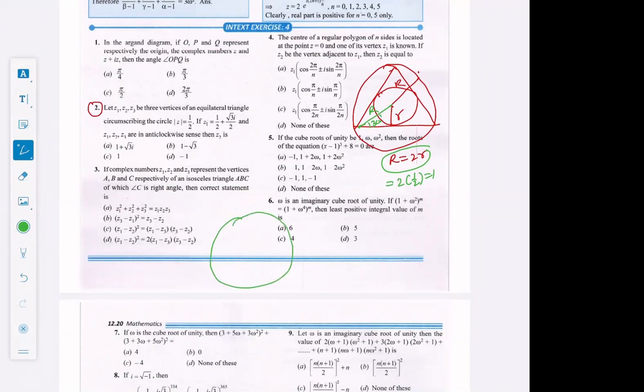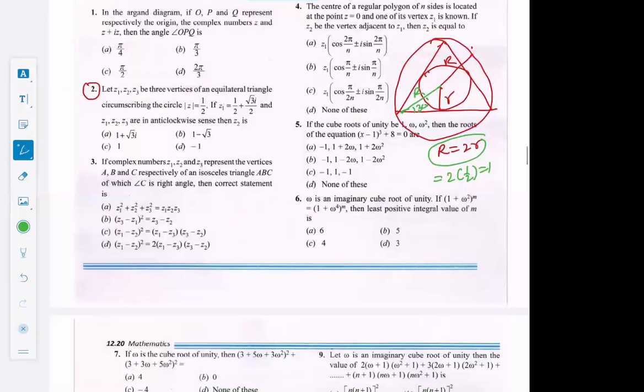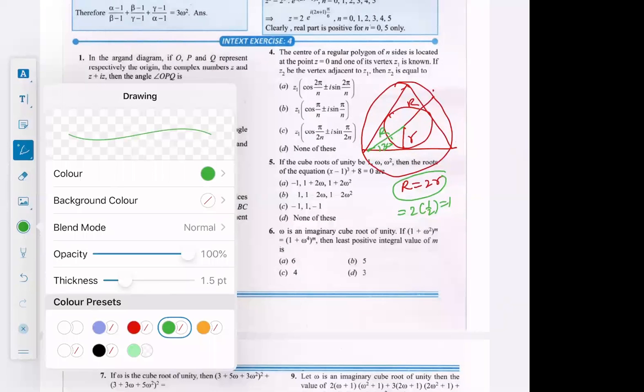Now in our question, one point P is given, half plus root 3 by 2 into i. If I have to find the cube roots of unity, what is the value of the cube roots of unity?